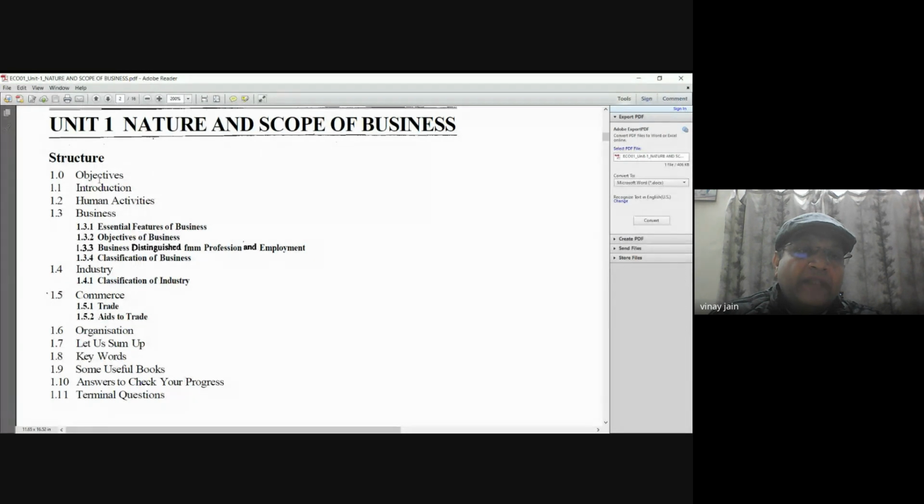Then the objectives of business are given. Then we have business distinguished from profession and employment. Business is business; profession means we have a kind of special skill where we devote a major part of our life, like the doctor's profession, chartered accountant profession, engineer profession.